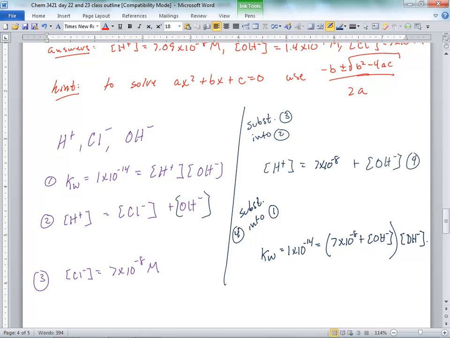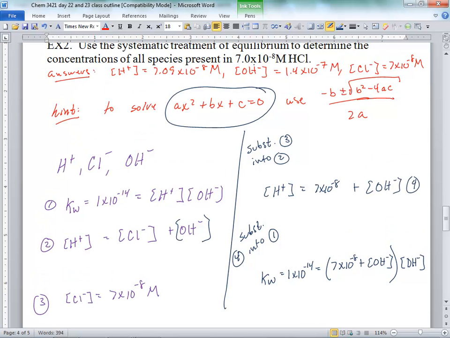So if you multiply through by hydroxide, man, that looks just like this. Multiply through by that hydroxide and bring the 1 times 10 negative 14 over. It'll fit perfect into the quadratic formula. Try it. And you should get those answers up on top.